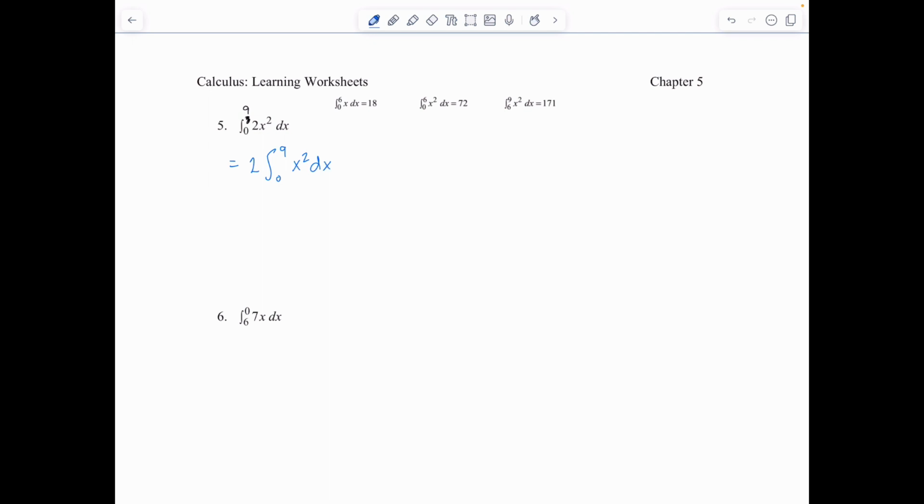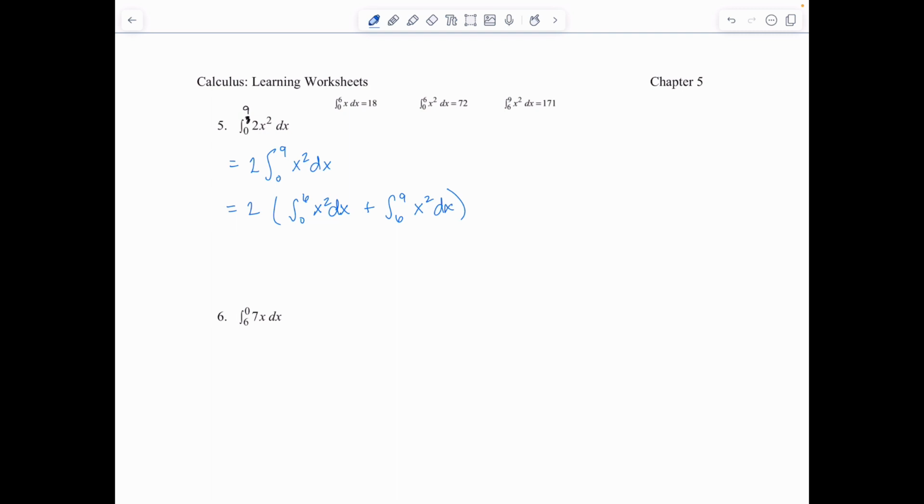And then, because we have values that go from 0 to 6 and then from 6 to 9, we can use our property that we will be adding the integral from 0 to 6 of x squared dx to the integral from 6 to 9 of x squared dx.